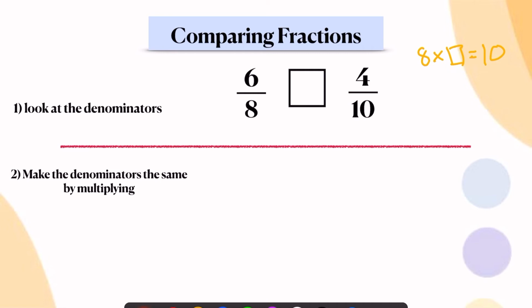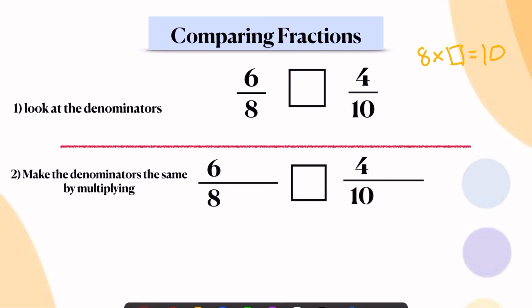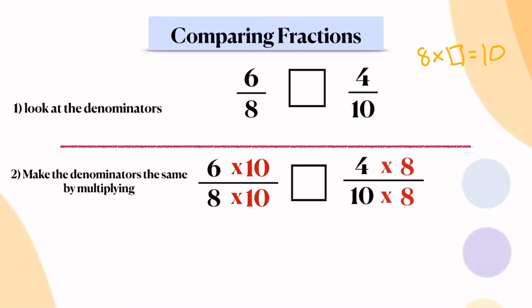There's no way. So the easiest way to do it for this problem, I'll tell you, is to multiply 8 by 10 and multiply 10 by 8. And that's it. We get the same denominator. When you multiply 8 by 10, you need to multiply 6 by 10.